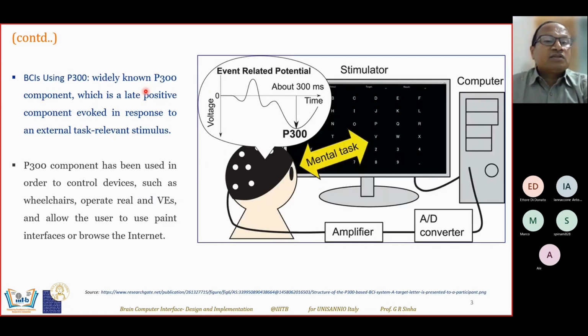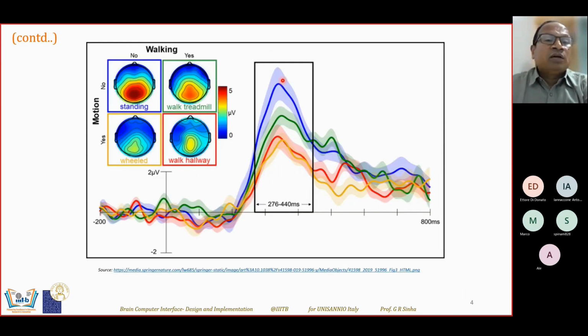And look at here, this is the term called event related potential or evoked potential also. And when the person is walking on a treadmill, with no motion but walking, for a certain duration, that also creates a different signal. And if the person is moving as well as walking, then this is the potential, and the other one is walking halfway, and then there is a movement also.